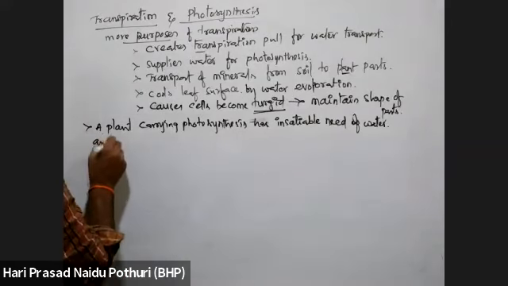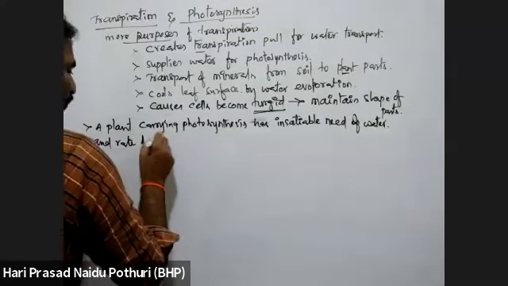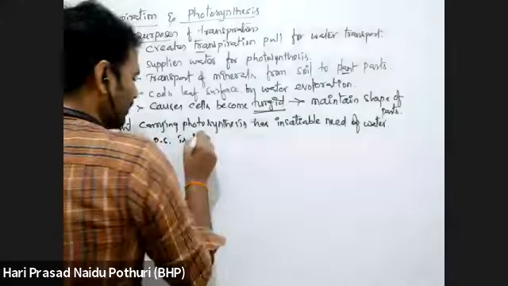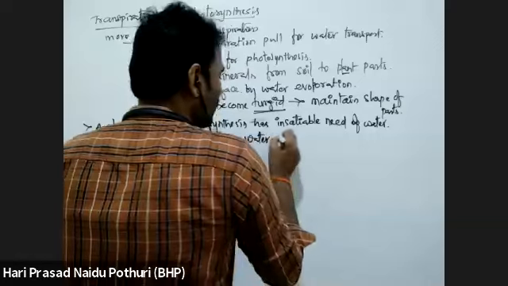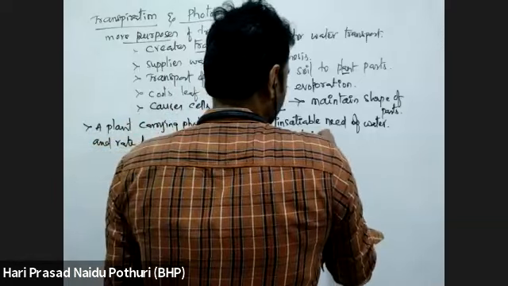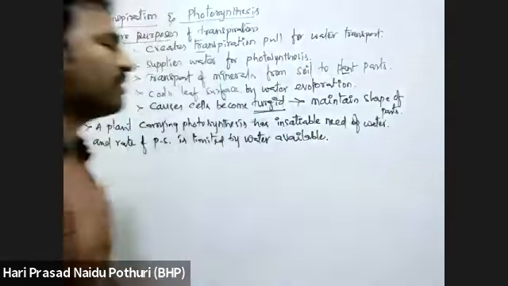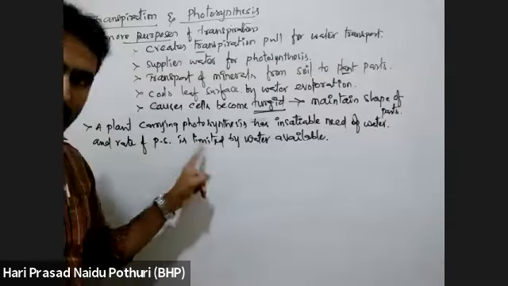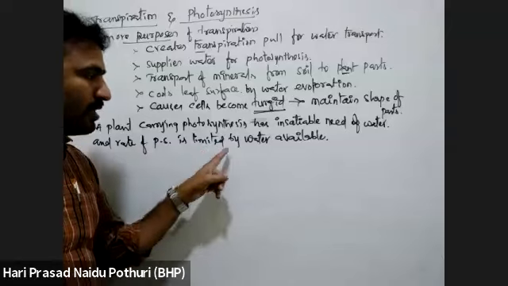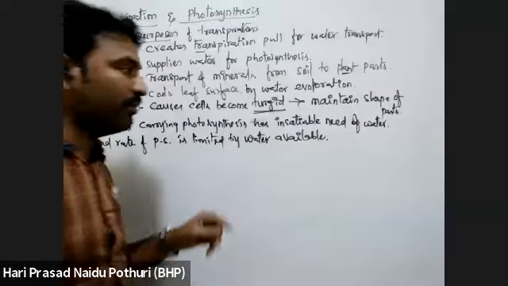And the rate of photosynthesis is limited by water available. If more water is available, then only photosynthesis takes place. If water is not available, then the photosynthesis rate will decrease.